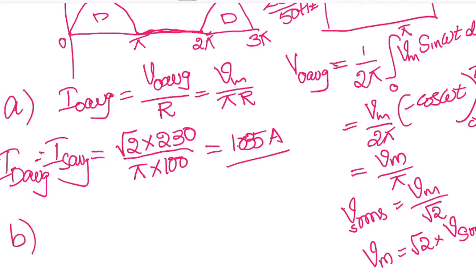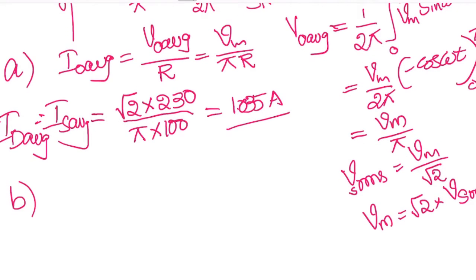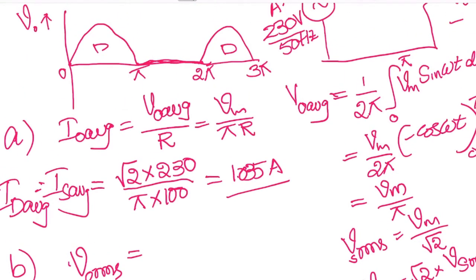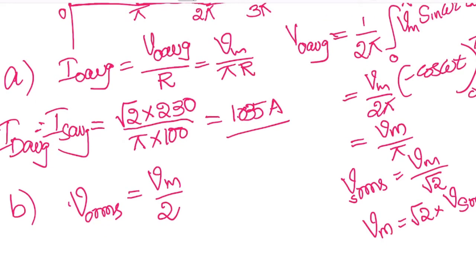If I am calculating the RMS value of the output, you know that for a half-wave rectifier, the RMS value will be Vm by 2.